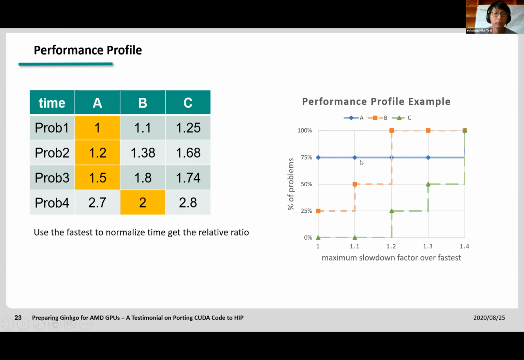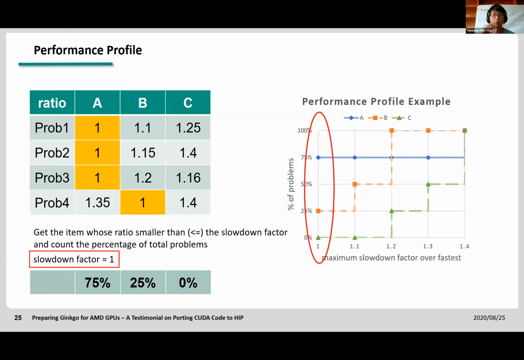First, we need to get the ratio between the time and the fastest one. Then we can compute the maximum slowdown factor over the fastest one. When the slowdown factor equals 1, we can tell which implementation is fastest.